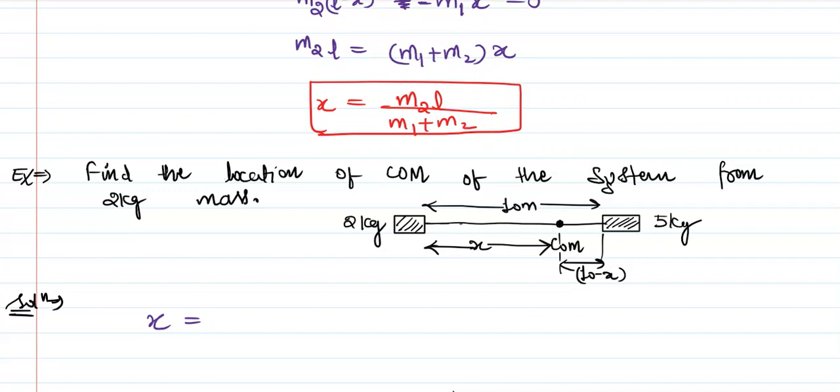That means according to the formula, it is mass of other block, that is 5 kg, multiplied by distance between them divided by total sum of masses, and it is 50 divided by 7 meter. That means center of mass will be situated at a distance 50 by 7 meters from the 2 kg block.